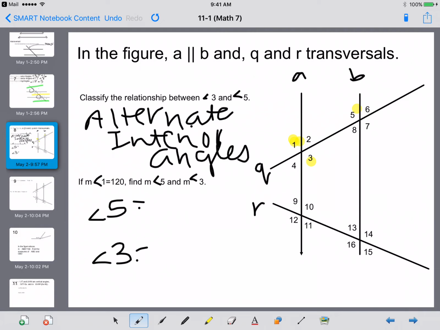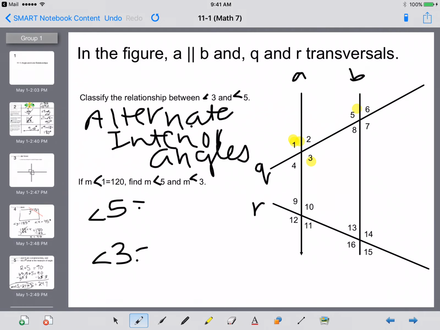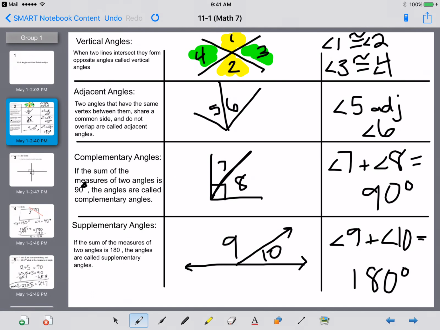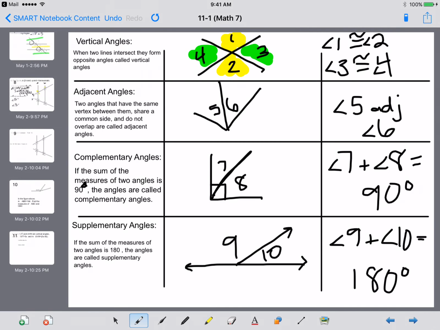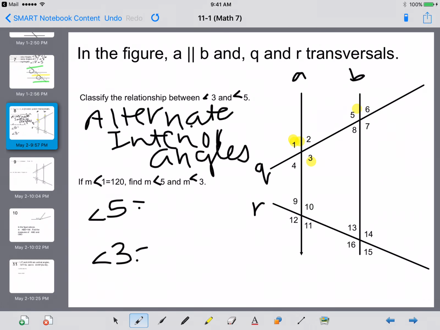Going back to the beginning of the slideshow, we've got our vertical angles. They're across from each other at an intersection, and vertical angles are congruent, meaning they're the same. So if 3 and 1 are vertical angles, then 3 has to be 120 degrees.